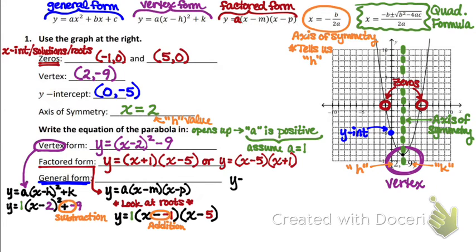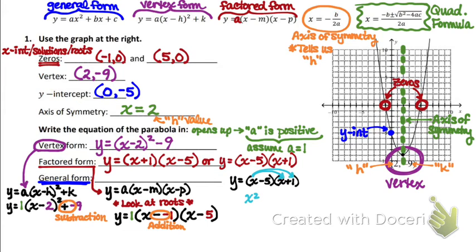All right, so if I had y equals x minus 5 times x plus 1, we're going to use the distributive property. What is x times x? X squared.